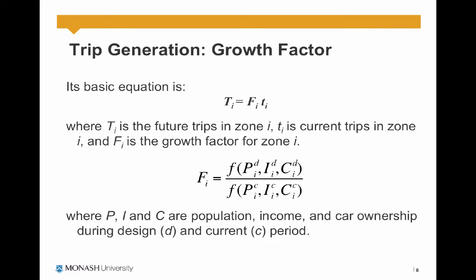So, for example, in this case, we are defining the growth factor F_i as a function of the population P, income I, and car ownership rate of the future year, the horizon year, or the design time period, over a function of the same variables, population, income, and car ownership of the current year or the base year.